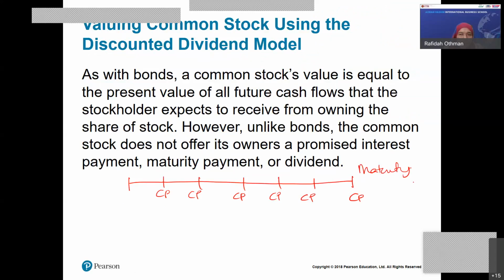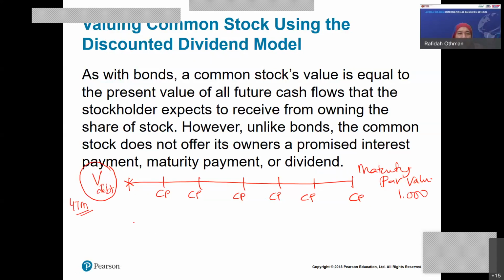What we have here is the par value of 1,000, and this is the present value, the bond value. This is how you do the calculation on valuation. The discount rate is the YTM.